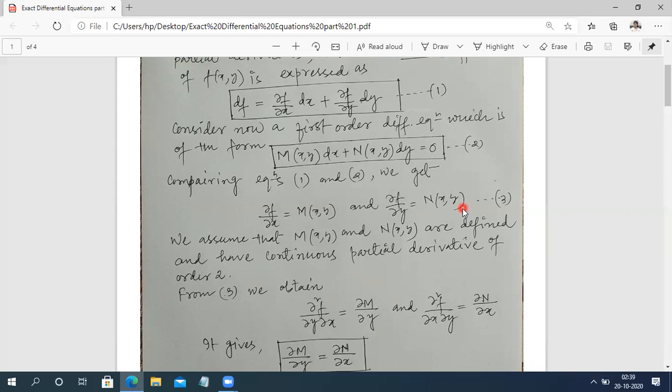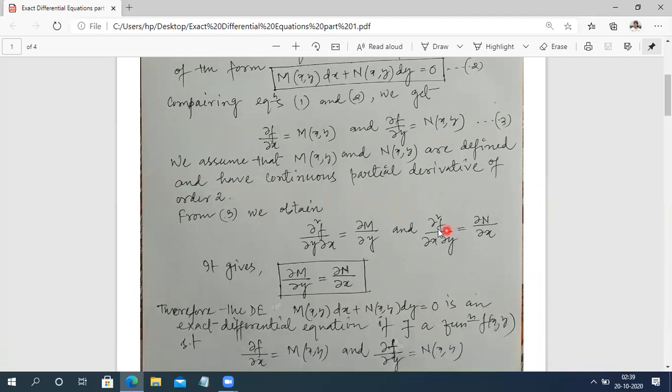Now if we assume that M and N are defined and have continuous partial derivatives of second order, then in expression 3, if we partially differentiate with respect to y, we can write ∂²f/∂y∂x is equal to ∂M/∂y.